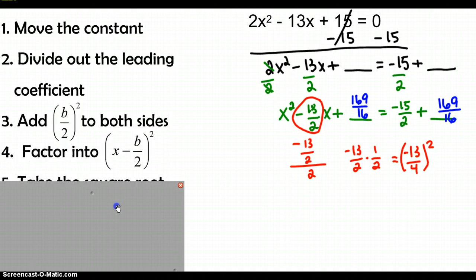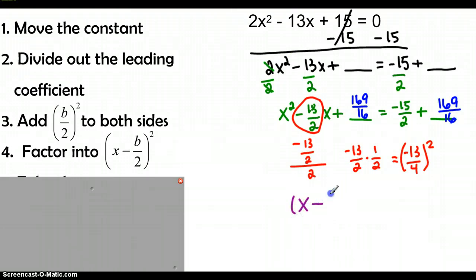My fourth step is to factor into x minus b over 2 quantity squared. When I factor x squared minus 13 halves x plus 169 sixteenths, that factors into x minus 13 fourths quantity squared.